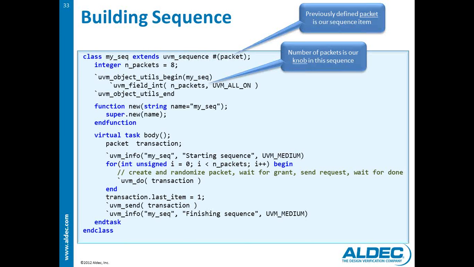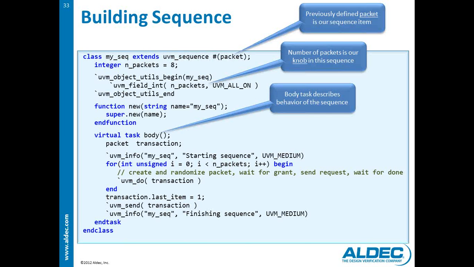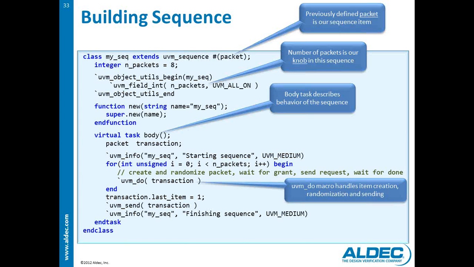In our case, the integer field number of packets can be registered as a knob. Then you need the body task. Body task is describing specifically how individual packets are created and how they are tied together to form the entire sequence. So the most important part here is the use of the UVM do macro.